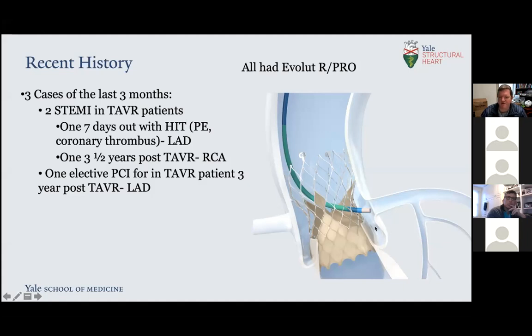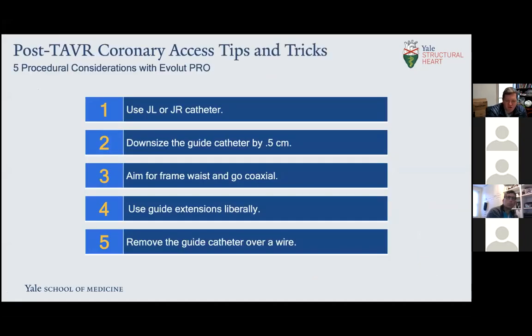And I wanted to go over 5 tips and tricks for how all of us as interventional cardiologists want to think about engaging these arteries when you have a transcatheter valve in place. This summarizes them, and I'm going to go through them one by one. At baseline, a lot of us are used to using EBUs or other catheters.